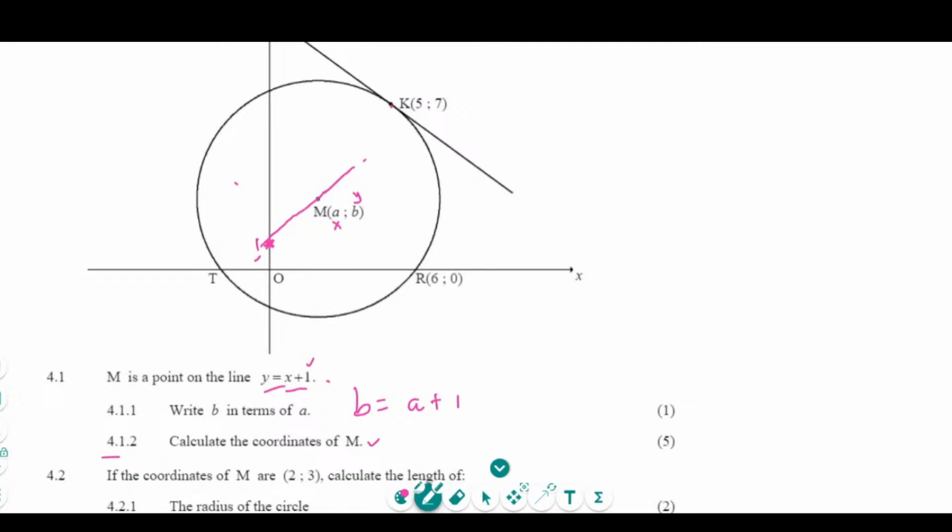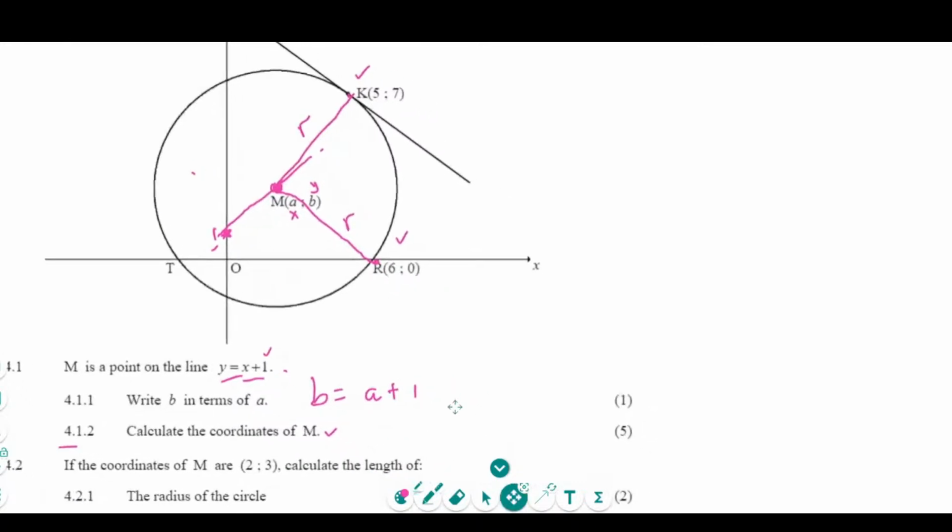Okay, so with the information we have, 2 coordinates, this and this, I can use that so that I know that this line is a radius, and even this one will give me a radius, since this is the center of the circle. So if I try to use the distance formula, it's more like a simultaneous. It's okay, I'll go for it.